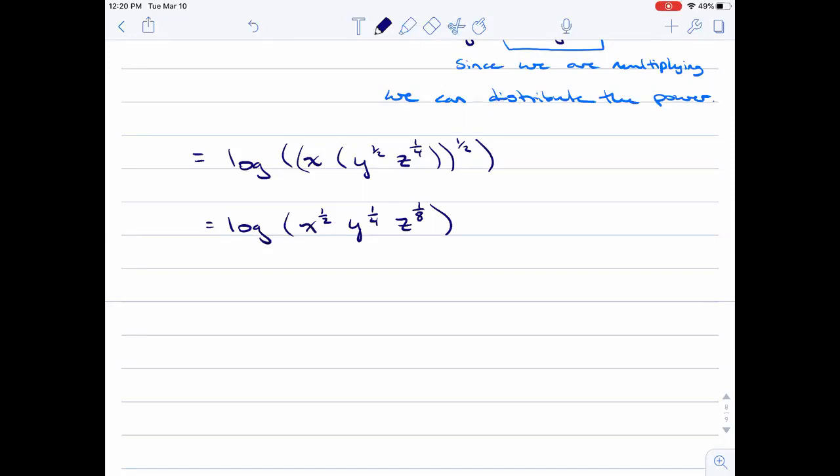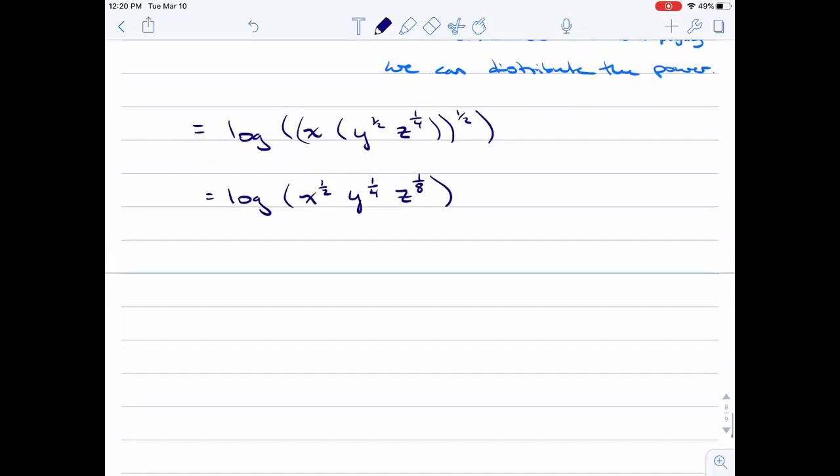Now I'm multiplying in here, and it applies to more than 2 things being multiplied. We just keep adding these logs if we break them up. So here we get the log of x to the 1/2 plus the log of y to the 1/4 plus the log of z to the 1/8.